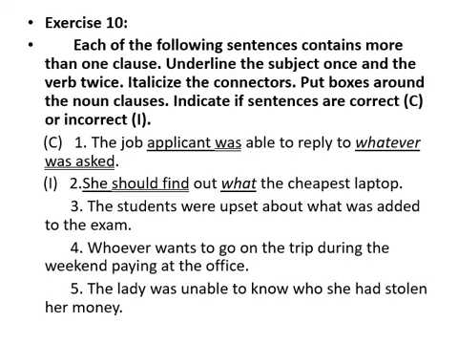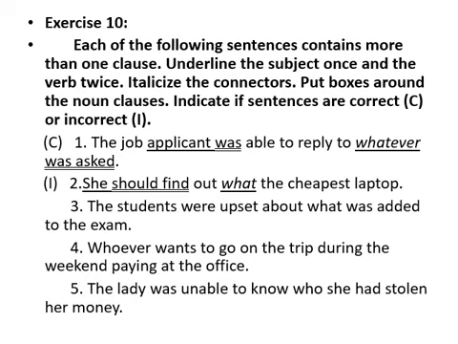Alright? طيب. The lady was unable to know. طيب تعرف إيه بقى؟ Who she had stolen her money. Who she had stolen ولا who had stolen her money؟ لأن who هنا هي السبجكت.